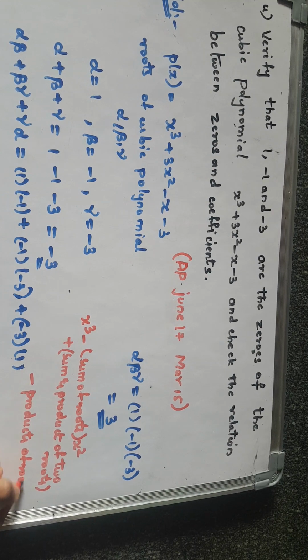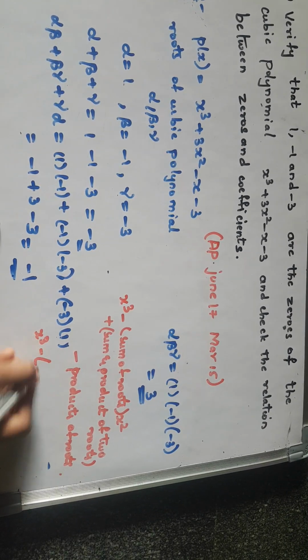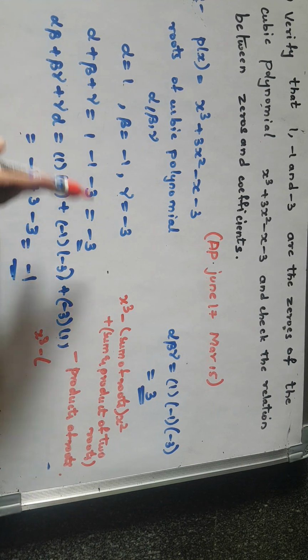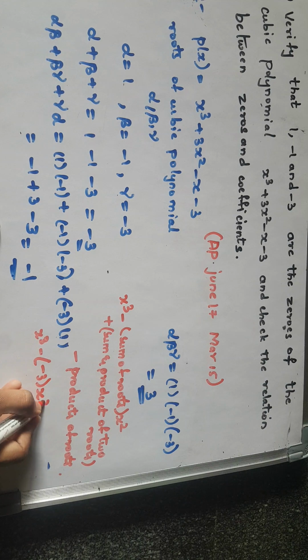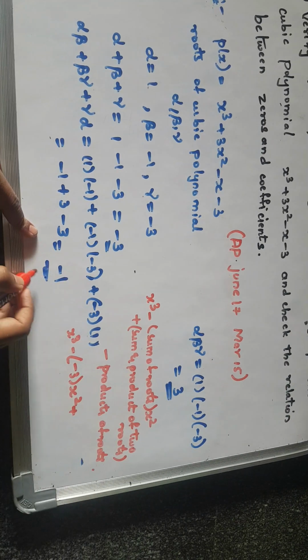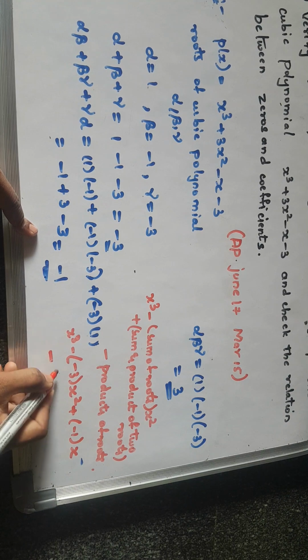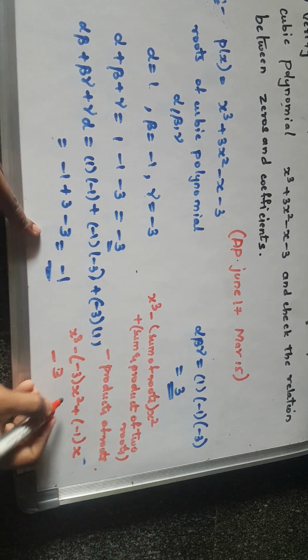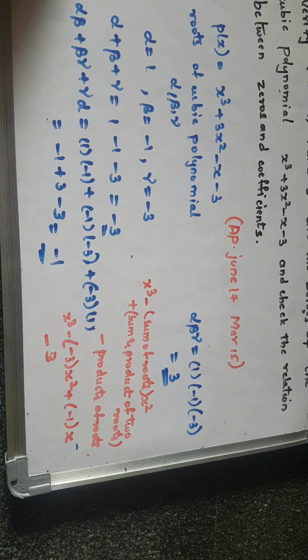We can write like this, no? So x cube minus of the sum of the roots value, which is minus 3, so I am writing 3 into x square plus the sum of products of roots, which is minus 1, into x minus the product, which is 3. This value becomes the same, no?